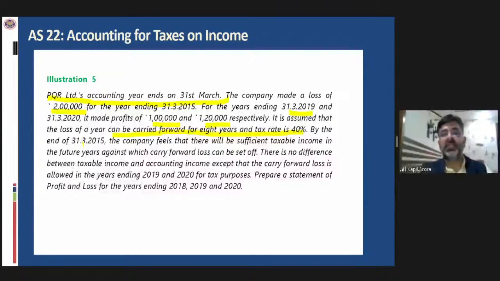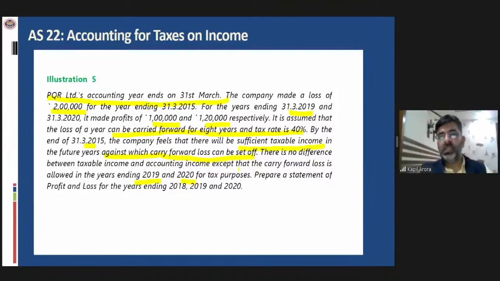By the end of 31st March 2015, the company feels that there will be sufficient taxable income in the future years against which carry forward loss can be set off. There is no difference between taxable income and accounting income except that the carry forward loss is allowed in the year ending 2019 and 2020.